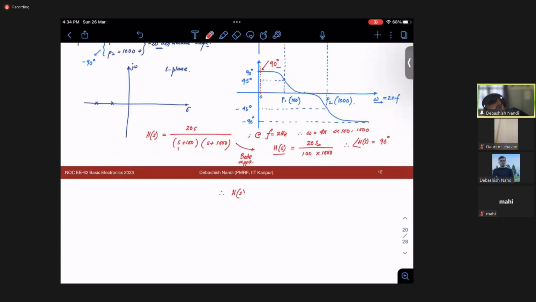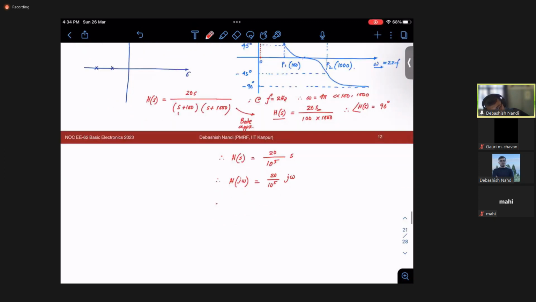Simply you write H(S) is equal to some constant. Let's say this is 20 by 10 to the power 5, and say this is your value, right? So what is your H of j omega? H of j omega would be 20 by 10 to the power 5 into j omega. So what is your angle?